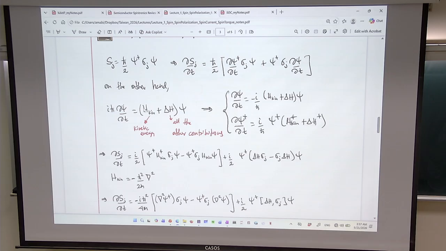So, H kinetic is just the kinetic energy, and delta H is whatever interaction you can have in this Hamiltonian that is not kinetic energy. So you can then, from this equation, easily get the derivative with respect to time of the wave function, and the derivative of the complex conjugate or Hermitian conjugate of the wave function. And then you can substitute these two expressions in this equation. It's just simple algebra.